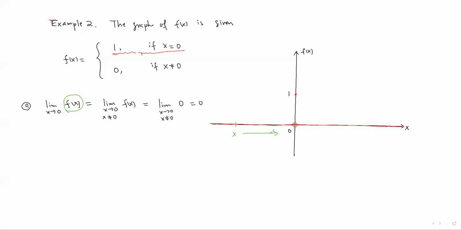So when x is getting closer and closer to 0, the height of the graph is getting closer and closer to the height of this open dot. The height of this open dot is 0. Therefore, the limit is 0. So from the diagram, we also see that the limit is 0. That was part A. Now part B.